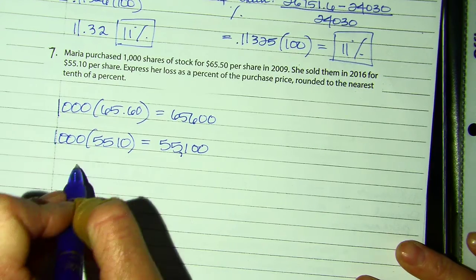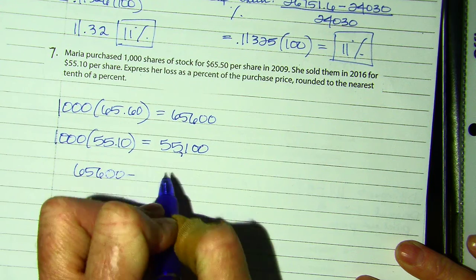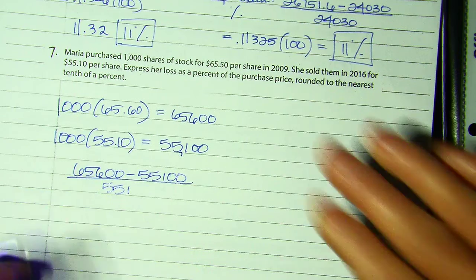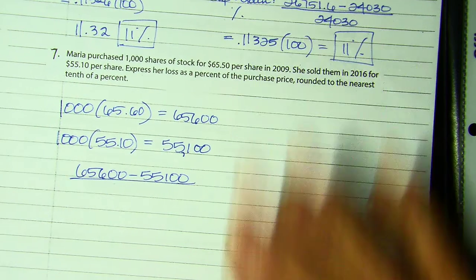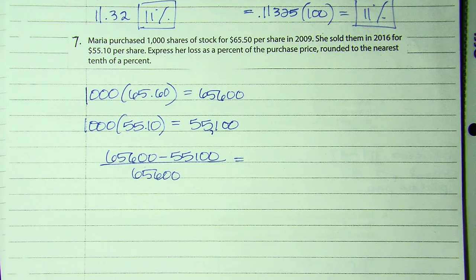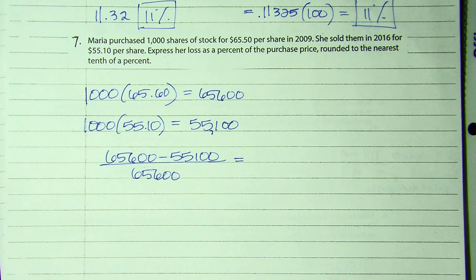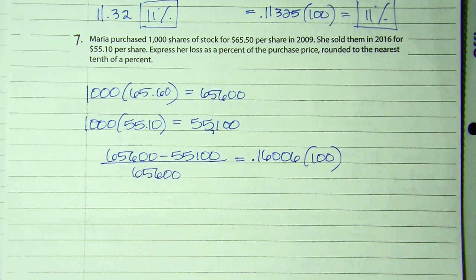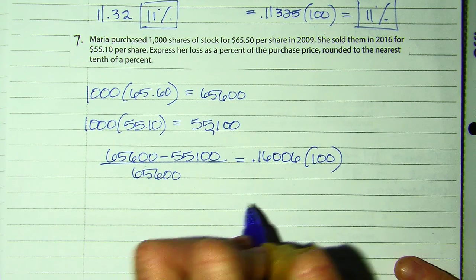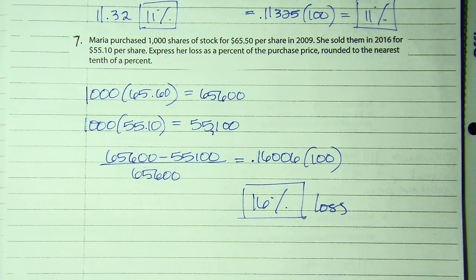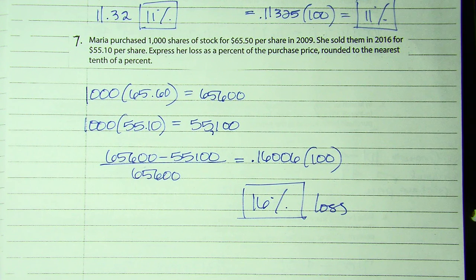So her loss, you take the difference divided by the purchase price. Loss divided by the purchase price, and that will tell us the percent. So 65,600 minus 55,100 divided by how much she purchased them for. I get 0.16006 times 100 to make this a percent, sorry, and I get 16%. That was her loss. And that pretty much covers everything you should be asked about.